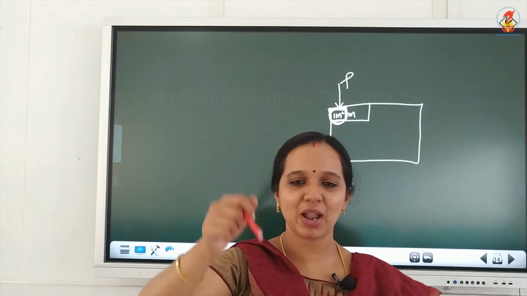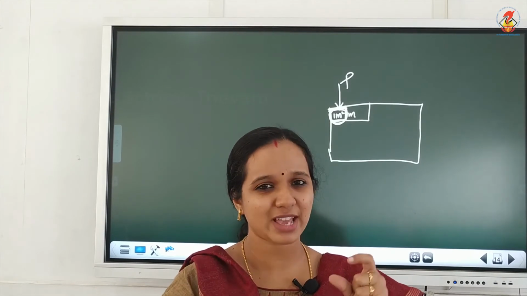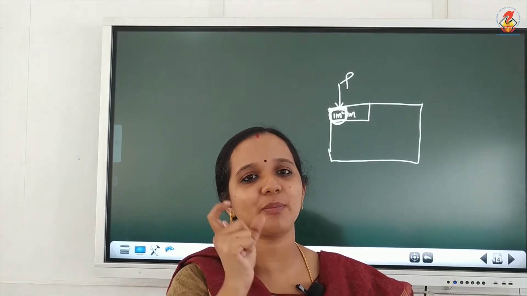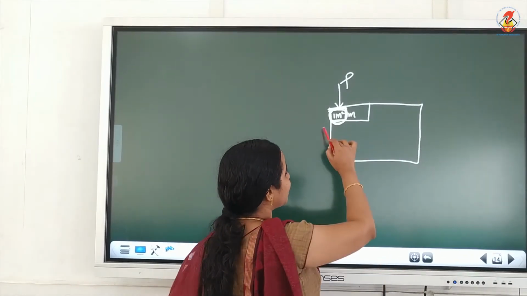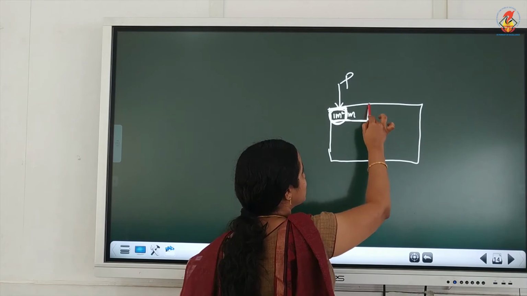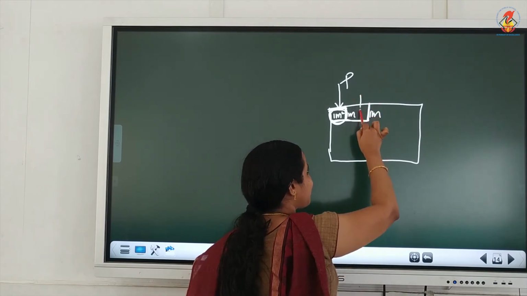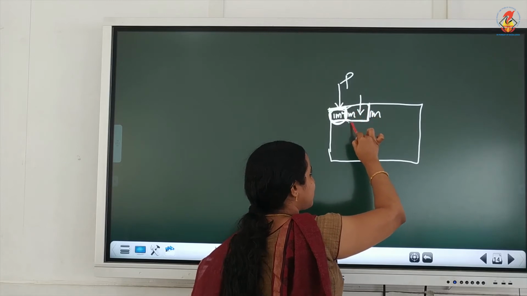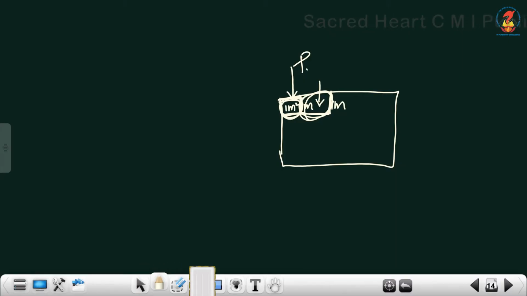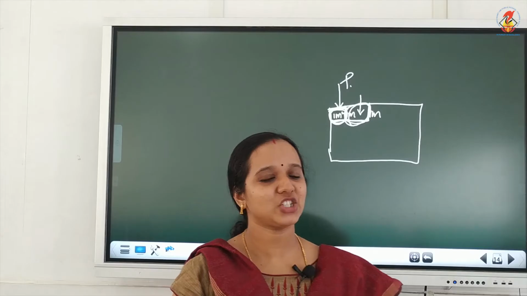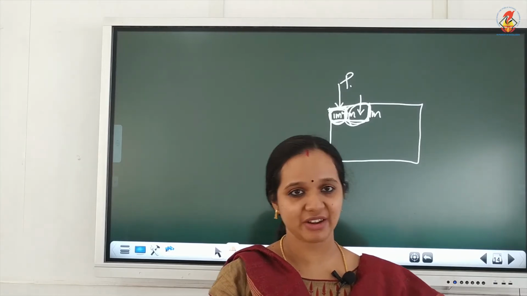So, if I apply a force onto an object, the force experienced by a unit area portion of that object is known as pressure. That is, if I divide the whole object into squares of side 1 meter, the force experienced by the small portion of the object is known as pressure. That is, pressure is the thrust acting per unit area.